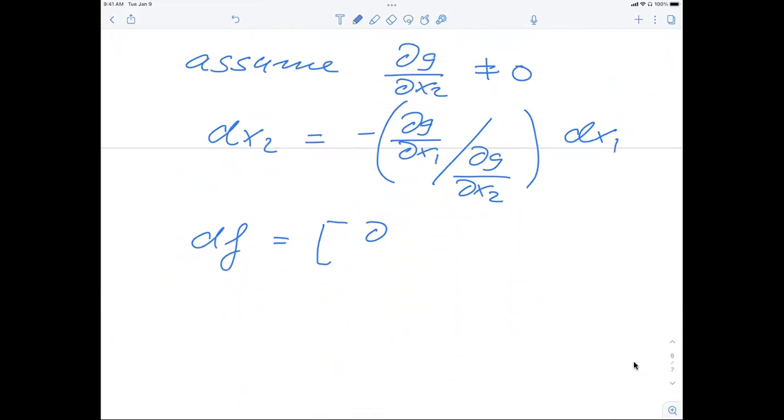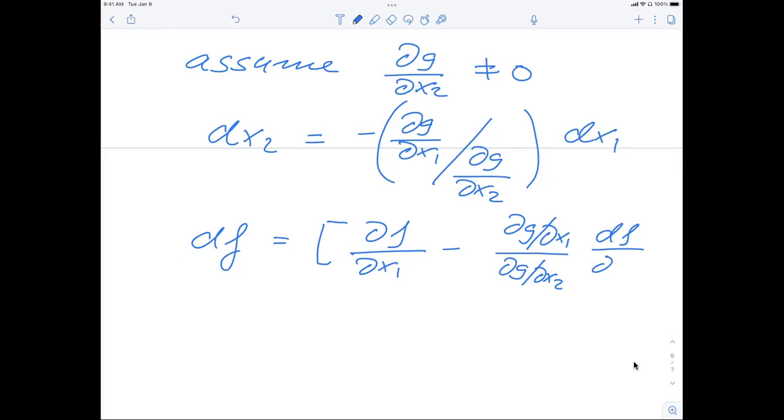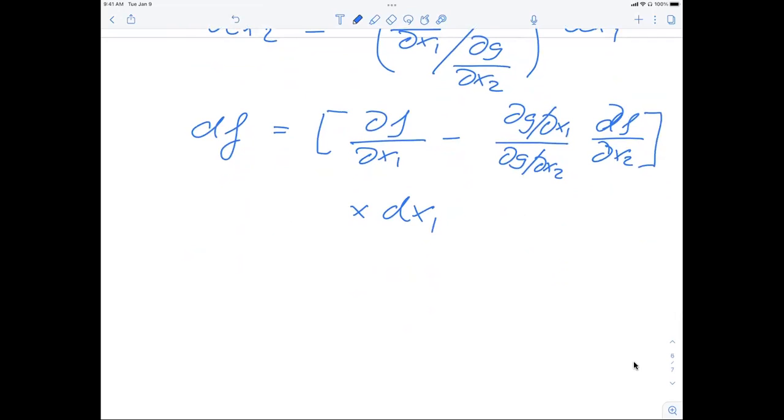Then what we would get is the partial derivative of f with respect to x1, and then minus the derivative of g with respect to x1, divided by the derivative of g with respect to x2, multiplied with the partial derivative of f with respect to x2, and this is multiplied at the end with dx1. So this must be satisfied for all values of dx1.